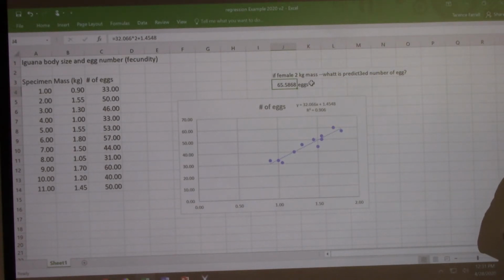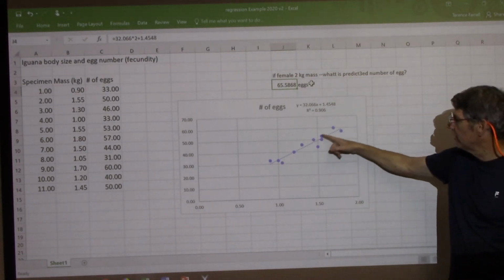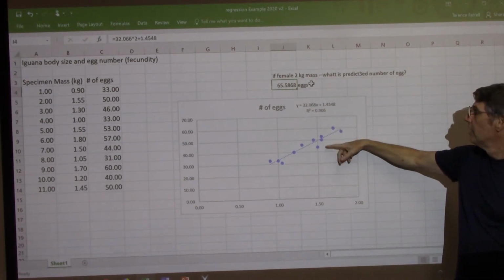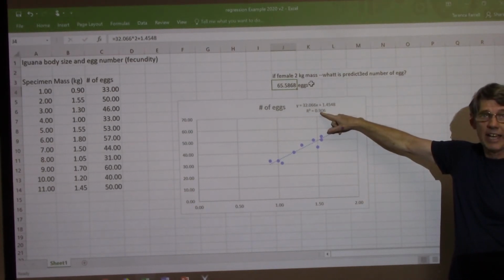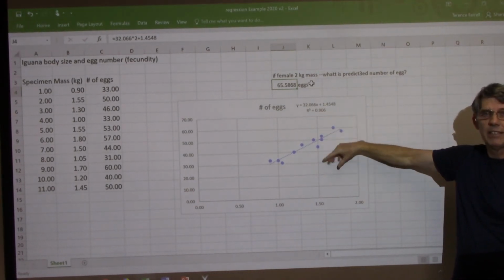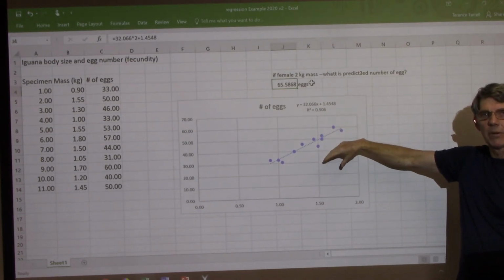Now, you can always do this, but sometimes it's a really bad idea to have any faith in your estimate. So the way to figure out if you should have some confidence in your estimate is, first of all, do the data look linear? Yes. Is R-squared high? Yes. Both of those mean this is a reasonable place to make a prediction.